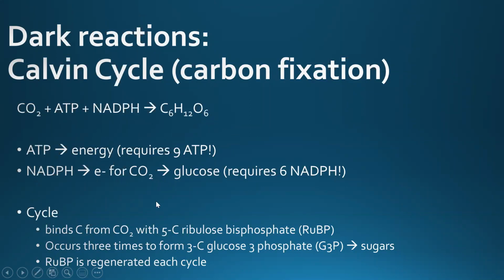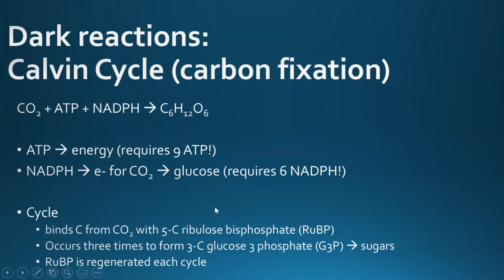The cycle is pretty complex, but what I'm going to ask you is to be aware of the fact that one carbon dioxide molecule is going to yield a one carbon sugar at the end of one cycle. So if I were to ask you how many carbon dioxide molecules are required to produce one molecule of glucose, what would your answer be?